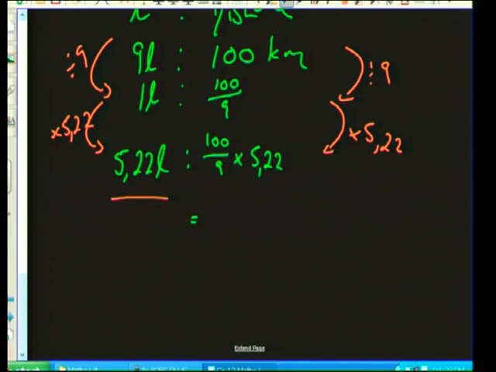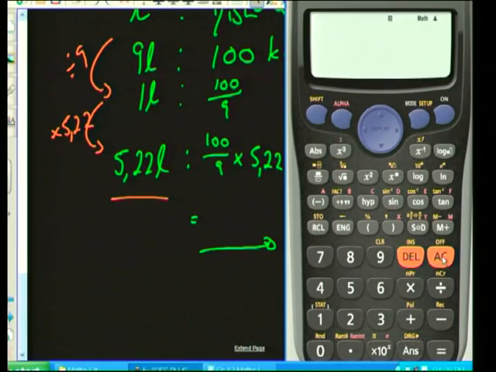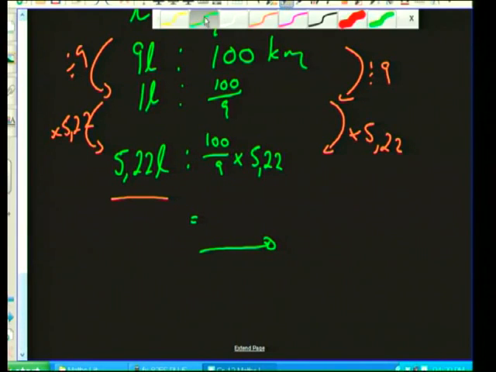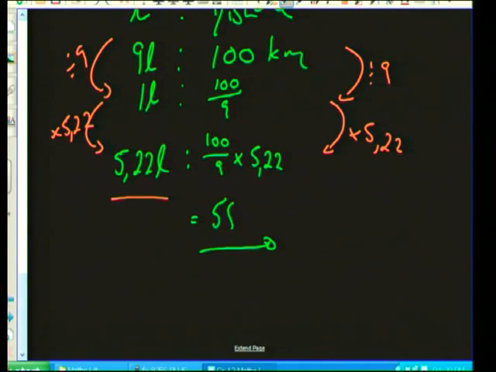And that will give me how many kilometres I still had to go. So our calculator is going to do the job for us. Here we go. We're going to say, right, fraction button, 100 over 9, multiplied now by 5.22 equals, folks, there's my answer, 58 kilometres. So we still had another 58 kilometres to go to get to Joburg.